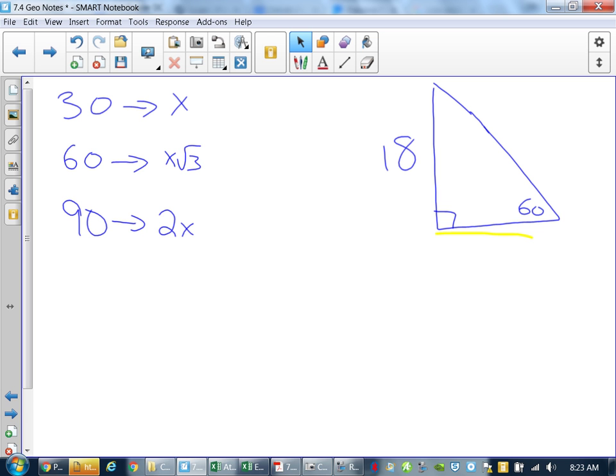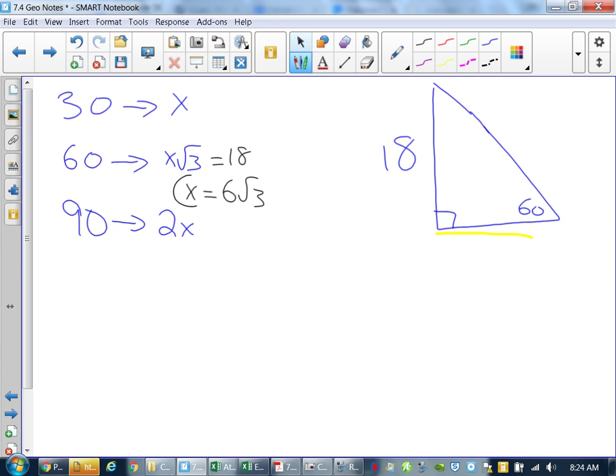And again, across from which value are you given? You're given across from the 60. So this means that x root 3 has to equal 18, which means x will equal, when you take 18 divided by the square root of 3, you get 6 root 3. So everywhere I see an x now, I replace it with a 6 root 3.